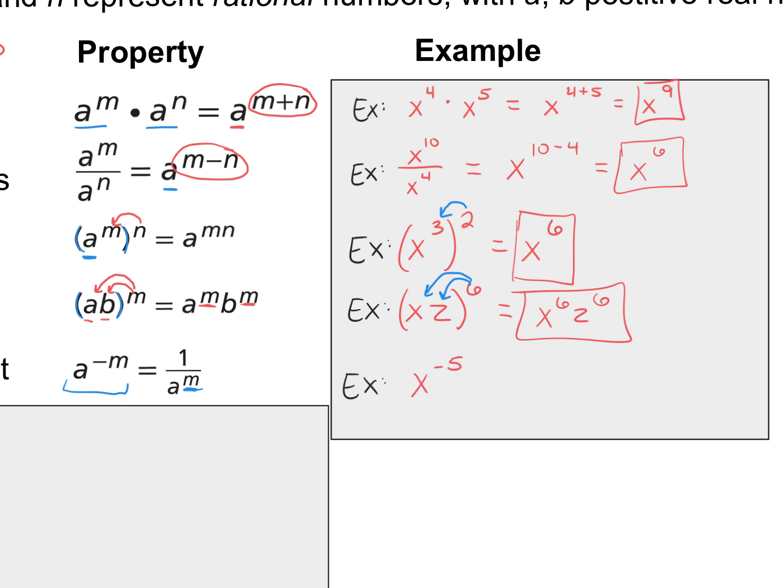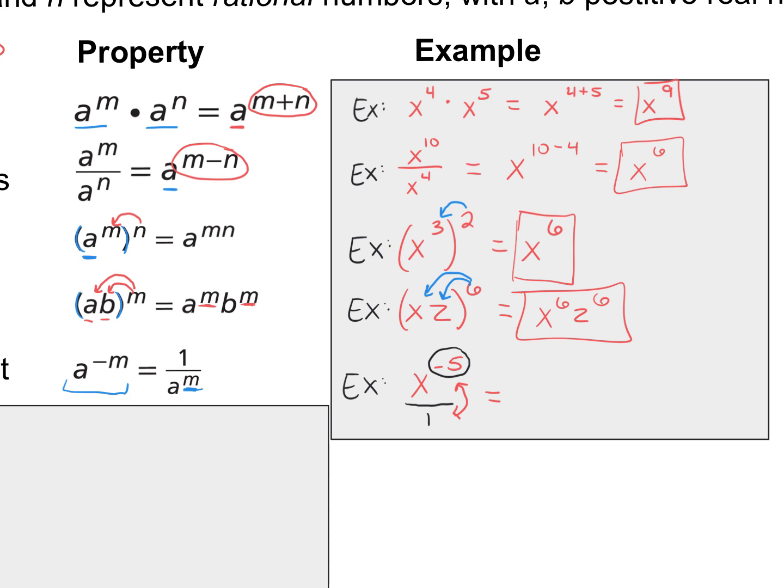Okay. What I want us to understand right away, let's get in the habit, let's circle those negative exponents. The reason I want you to circle them is because we cannot have them. We have to switch it. Okay? What can I think of this as? What's it over? It's over 1. So if I want to make that exponent positive, I need to flip it or do the reciprocal.